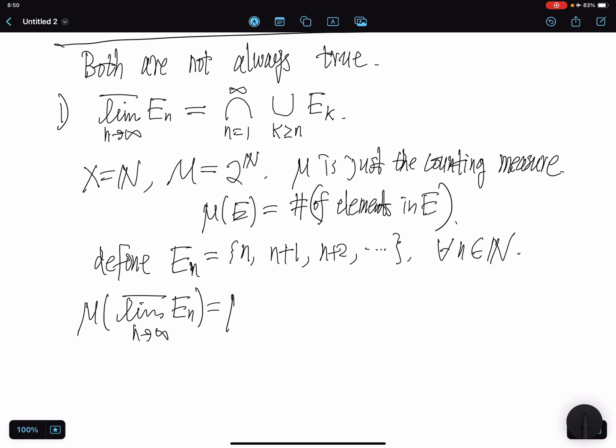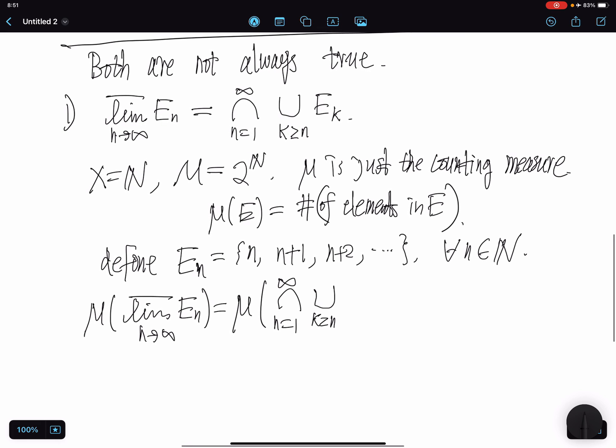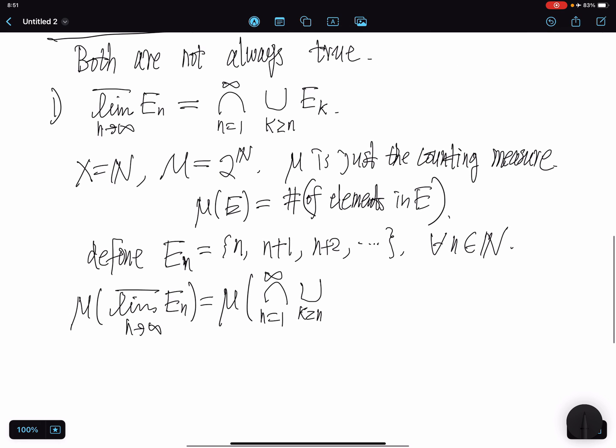This is basically the measure of the intersection over n from 1 to infinity of the union over k greater than or equal to n of E sub k. And E sub k is just, from the definition, all the set n plus 1, n plus 2, right?